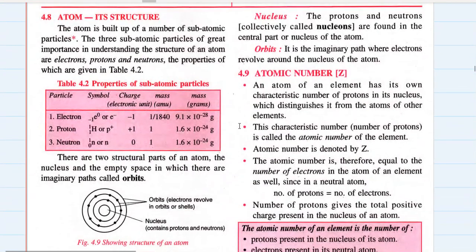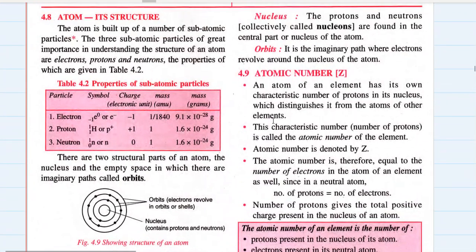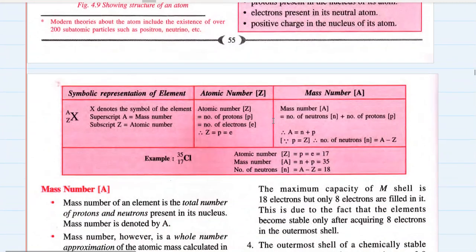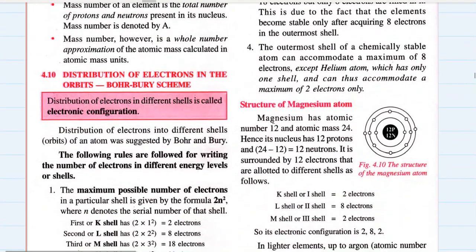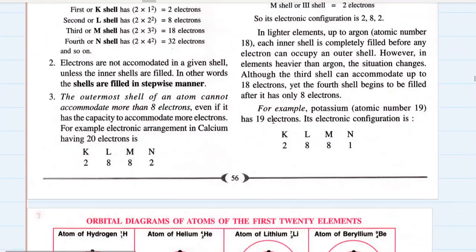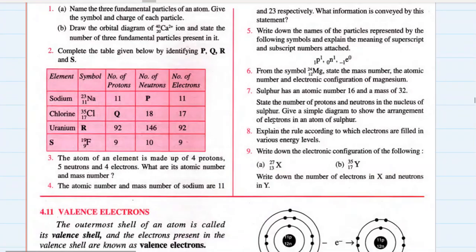The next part is about atomic structure, which we have already discussed, but then some trivial information regarding atomic structure and atomic number, mass number, distribution of electrons, that is electronic configurations, and that's also, I think, not very big, a small part.